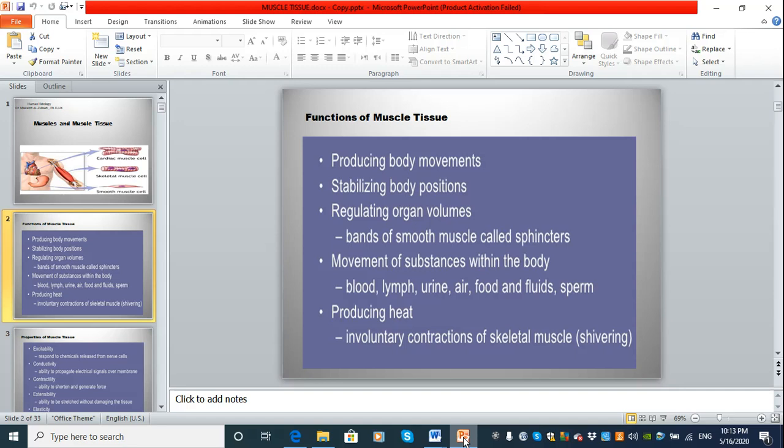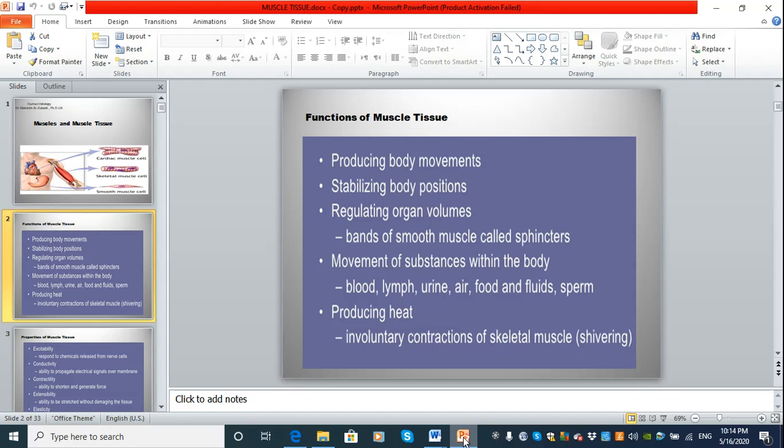That is the role of smooth muscle, and we know it regulates volume because smooth muscle is not found as a single piece. It is like bands, and the bands are called sphincters, while the movement of substances within the body, whether liquid, solid, or gas, includes blood, lymph, urine, air, food, fluids, and sperm.